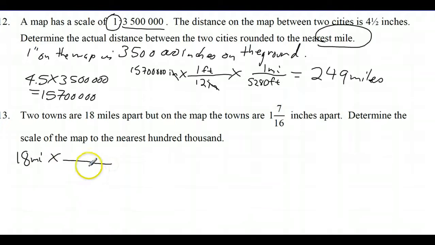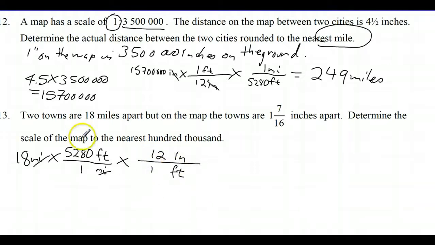I can go from miles to feet. I put miles on the bottom, feet up top, 1 mile, 5,280 feet. Okay, miles are gone. This measurement, when I multiply this out, will now be in feet, but I want inches, so I put inches up top, feet on the bottom. We know that 12 inches is 1 foot.